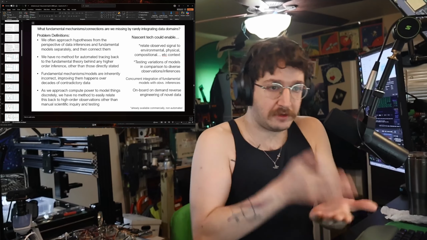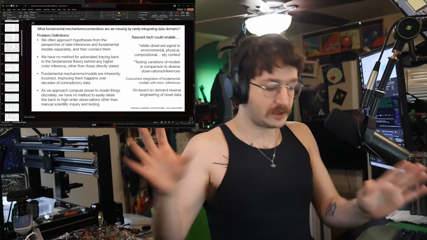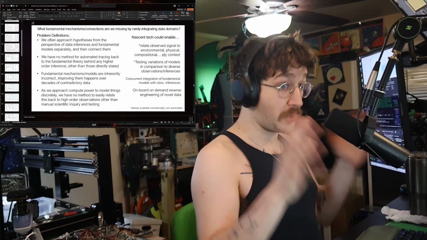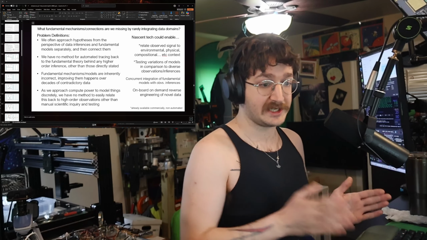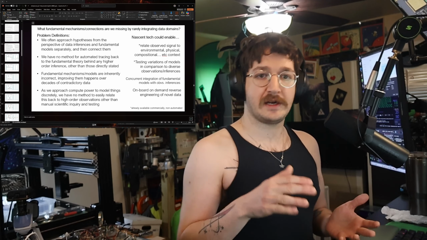We could test different variations of models in comparison to the diverse series of observations or inferences, right? So it'd be very easy to take 8 different fundamental models of fundamental mechanisms and apply them to a large database very quickly to assess how well they model in different scenarios, and then apply that information to the use of that model. We can concurrently integrate the fundamental models and the observational inferences.